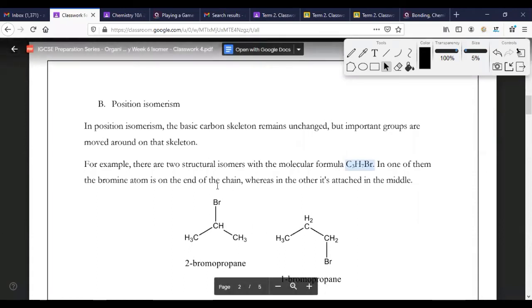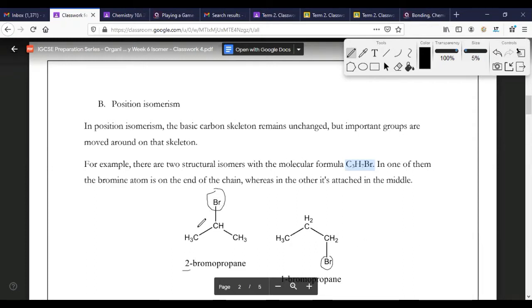For this compound, we got 2-bromopropane. Bromine is attached to carbon number 2, and we indicate that position by using this number. So 2-bromopropane, because bromine is attached to carbon number 2, and for this compound it is 1-bromopropane because bromine is attached to carbon number 1.